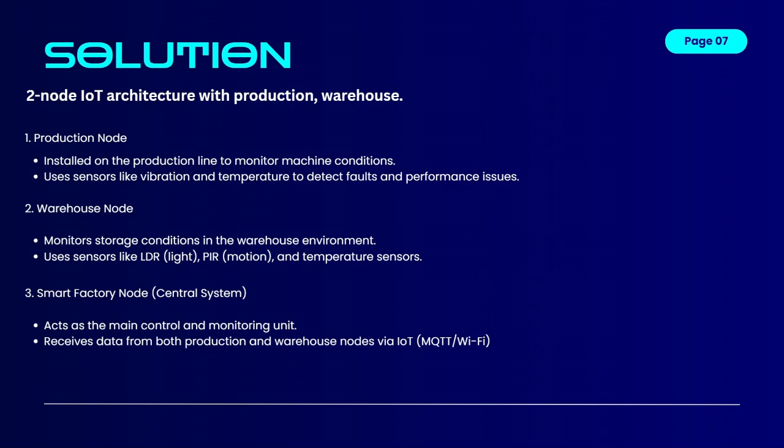The warehouse node monitors storage conditions in the warehouse environment, and uses sensors like LDR, PIR, and temperature sensors. Lastly, the smart factory node acts as the main control and monitoring unit, and receives data from both the production and warehouse nodes via IoT.